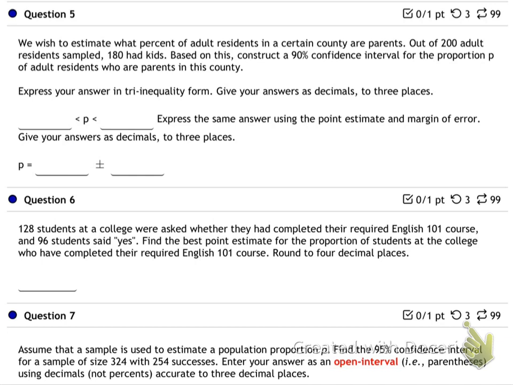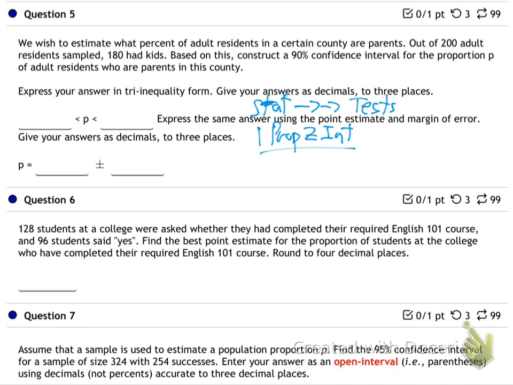Well, we're going to go to the 1-PropZInt. Go to Stat, Tests, and 1-PropZInt.